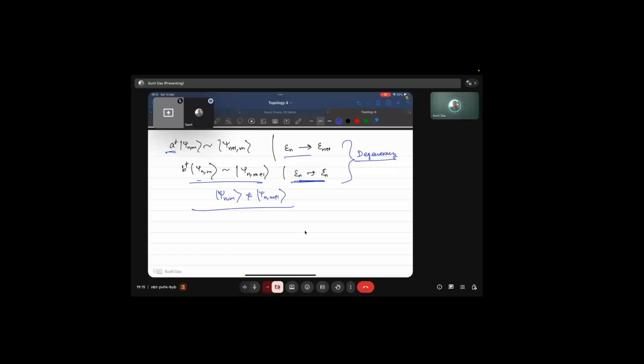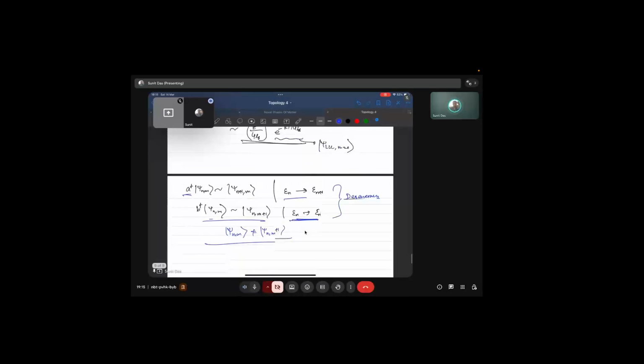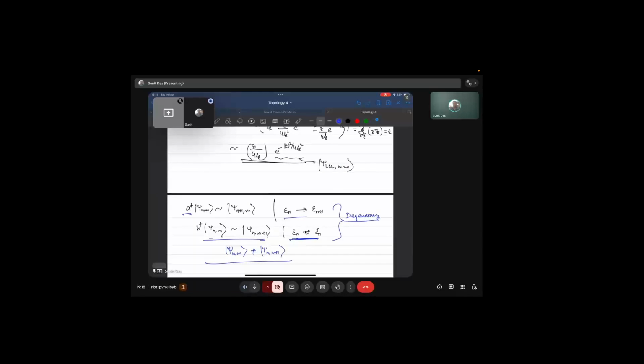Okay, so that was the motivation behind doing all this operator formulation, which is to show that there are multiple values of m available for a particular Landau level energy.